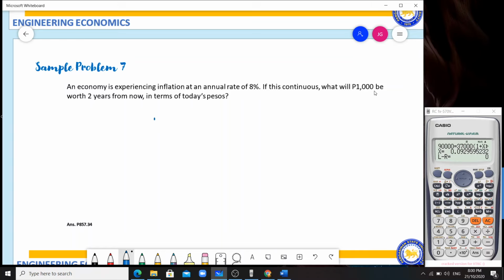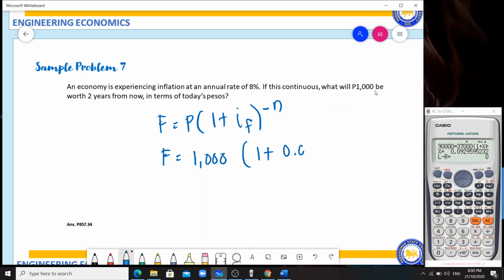So, ang formula dito is F, future worth of money, is equals to P times 1 plus inflation rate raised to negative N. So, ang F natin is equivalent sa ano daw yung value ng 1,000 after 2 years at 8% inflation rate.